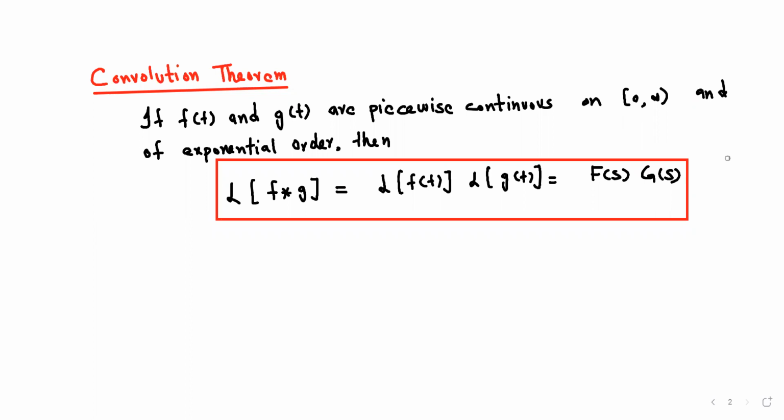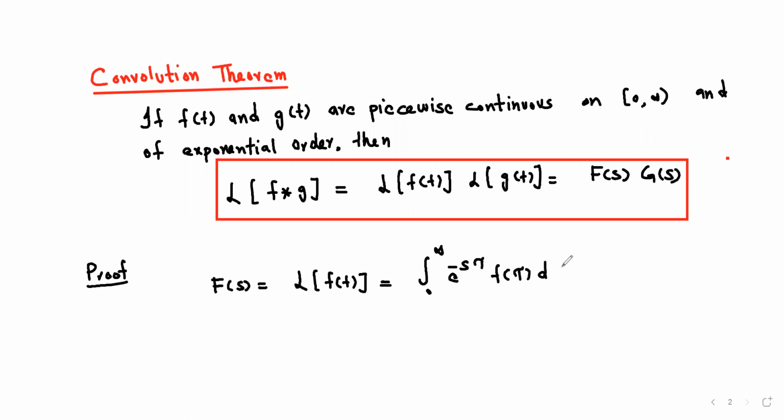Now students, we will prove this theorem. Proof. First of all, you know that F of s is the Laplace transform of f of t, and in definition form it is equal to the integral from 0 to infinity of e raised to power minus s tau, f of tau, d tau.